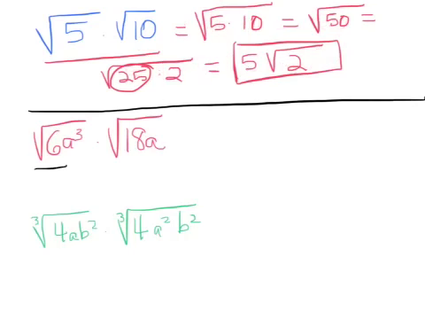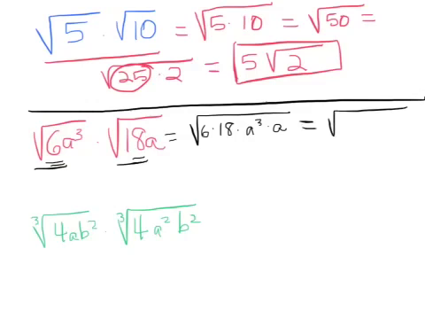We've got the square root of 6a cubed times the square root of 18a. So I'm going to multiply those radicands. So that'll be 6 times 18 times a cubed times a, multiplying coefficients and then multiplying variables. And the product of that will be 108 times a to the 4th.